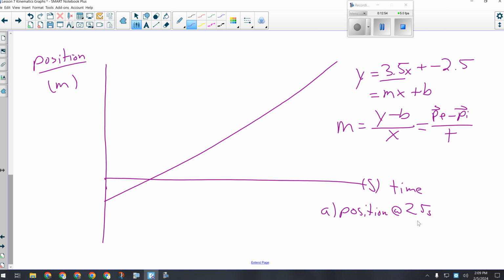So if I do that, then y, my position, is going to be 3.5 meters per second times 25 seconds plus negative 2.5 meters. That should get me my final position here.